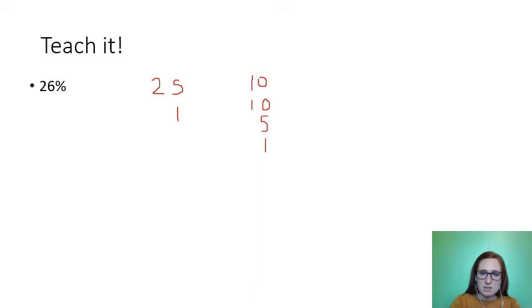You might decide to find 20% by dividing by 10, then multiplying by 2, and then find 6% by dividing by 100 and multiplying by 6. Or you might want to think about it as 26 hundredths and divide by 100 and multiply by 26. It's completely up to you.